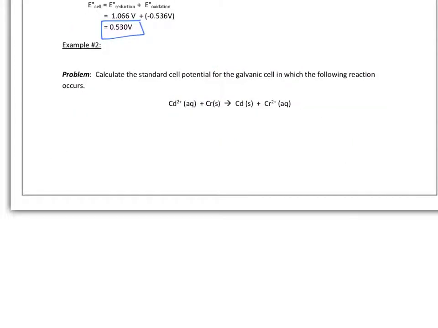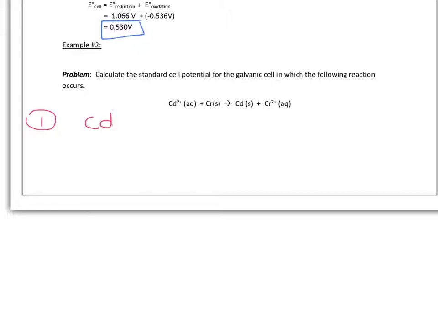Let's go through our own example. Calculate the standard cell potential for the galvanic cell in which the following reaction occurs. Step number 1 is to write out the half reactions. So again, we're going to split them up according to the element.